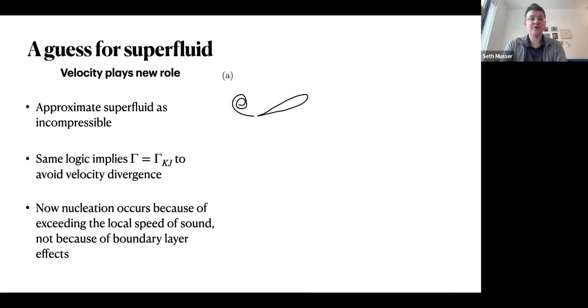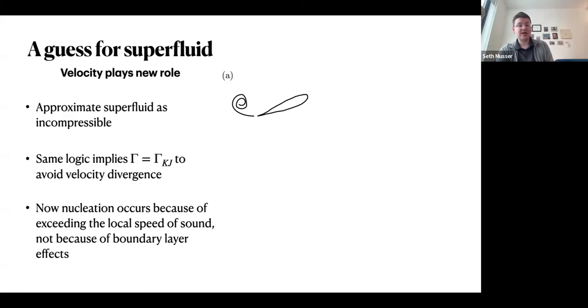Although, because vorticity is quantized, rather than a starting vortex, we may have emission of several, which leads to the same circulation. So we can guess that our circulation will be approximately the Kutta-Joukowski circulation to avoid that velocity divergence at the tail. But it will now occur because we don't want to exceed the local speed of sound rather than because of boundary layer effects.